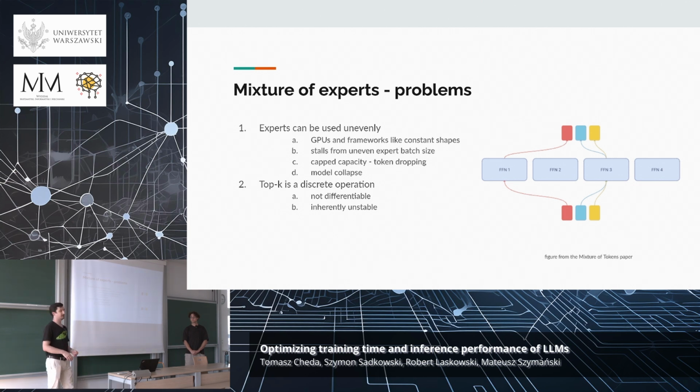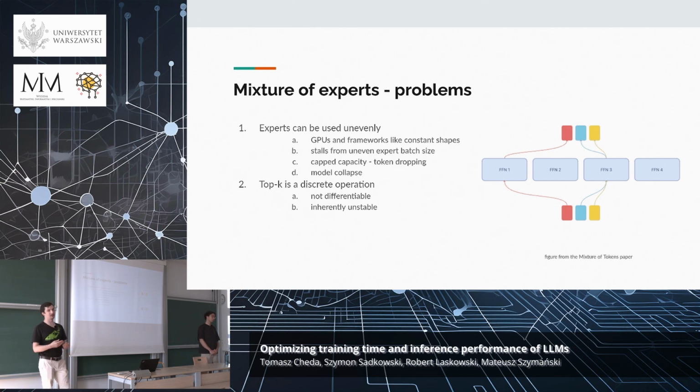The routing network will learn that, and it will direct all of the tokens to that specific expert. What happens then is we will have a bigger batch size for that given expert. And because our frameworks and our GPUs usually assume a constant shape of a given tensor, we usually have to create a bigger tensor just to cover that case. And if we get even more tokens routed, we just don't process them.